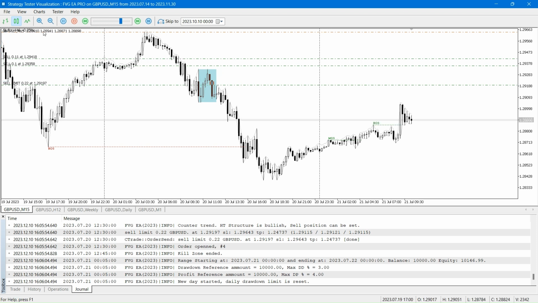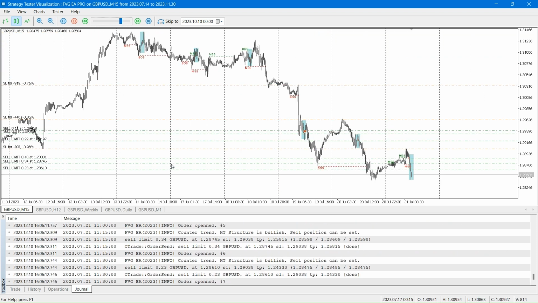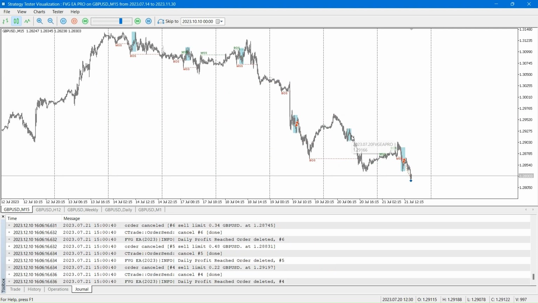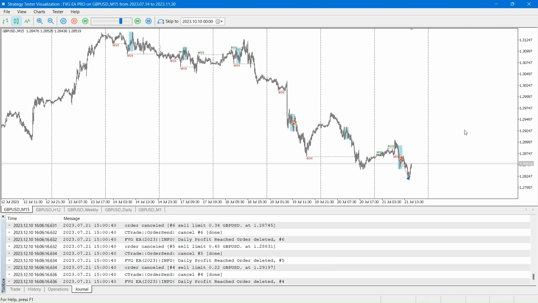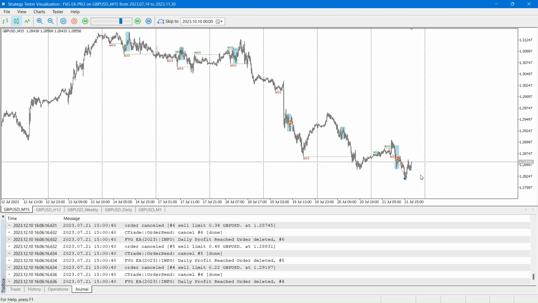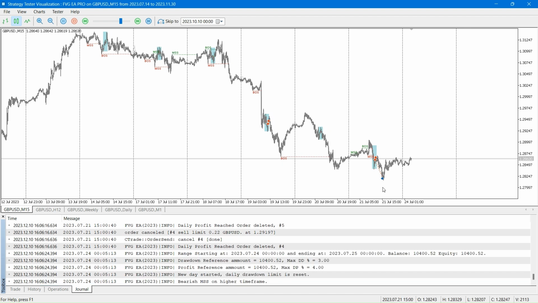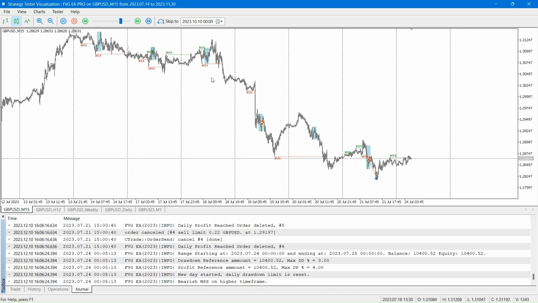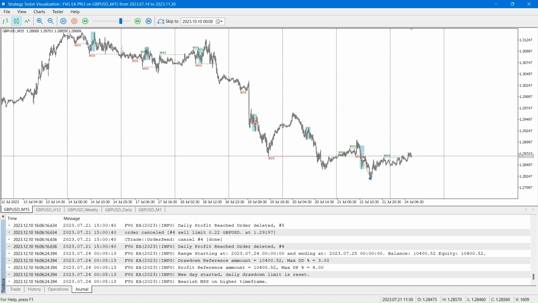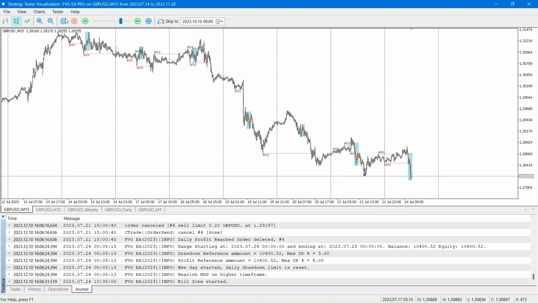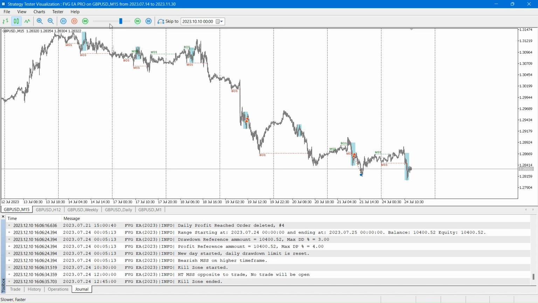And here, one thing that I have noticed is there are a lot of sell limits in place. And even though they are closed once my daily profit is reached, so I reached 4%, everything is closed and everything is deleted. However, if I don't have a daily profit that is triggered, my sell limits or pending orders stay pending.